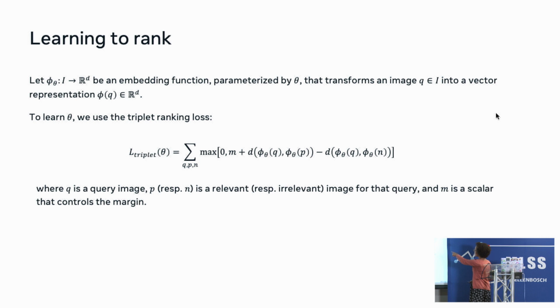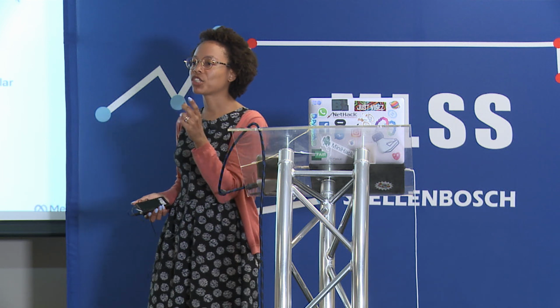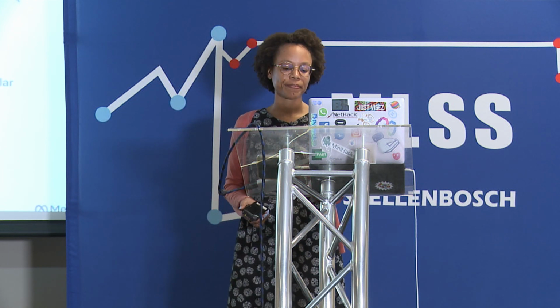And I'm going to compute the distance between the query image and the negative image, right? This is just saying I'm going to encourage the distance between the similar items to be small and the distance between the dissimilar items to be large. That's exactly what we were discussing yesterday about pushing similar things closer together and pushing dissimilar things farther apart.